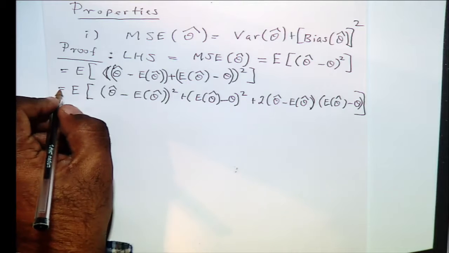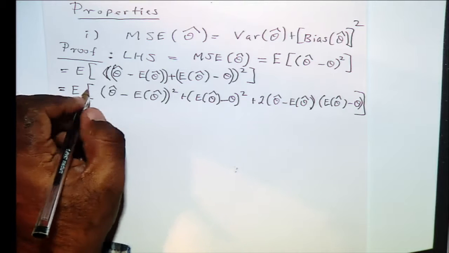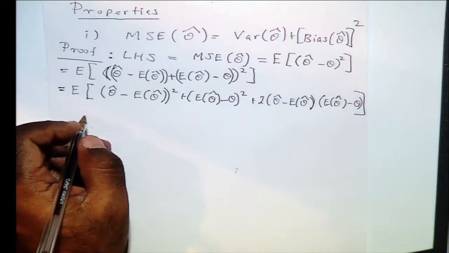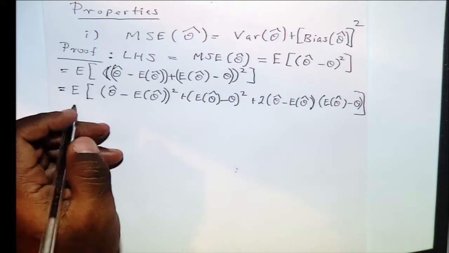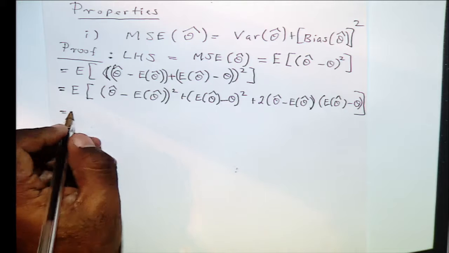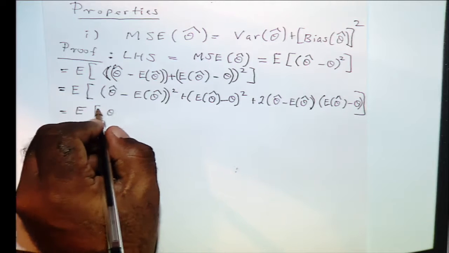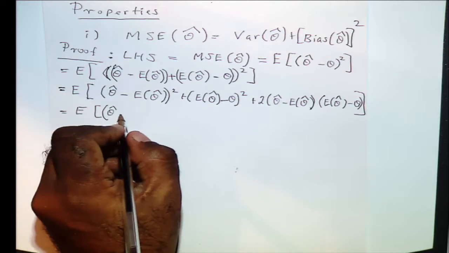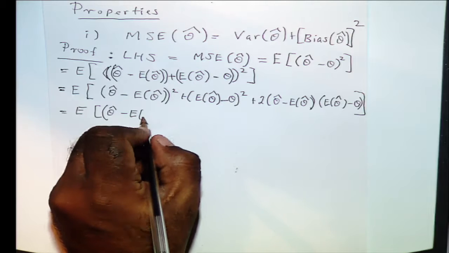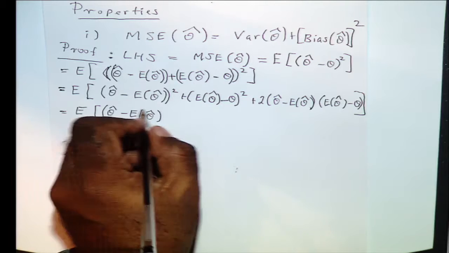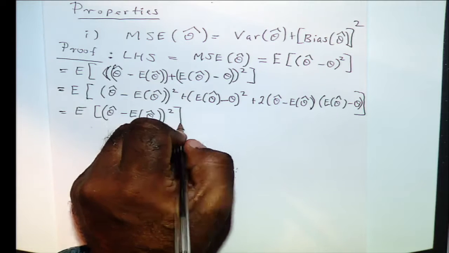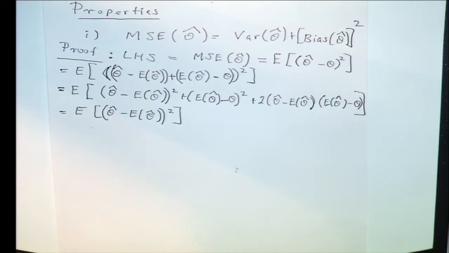Now, the expectation is outside the square brackets. So I'm going to take the expectation inside. So you get three expectations. The first one, this is the first expectation.